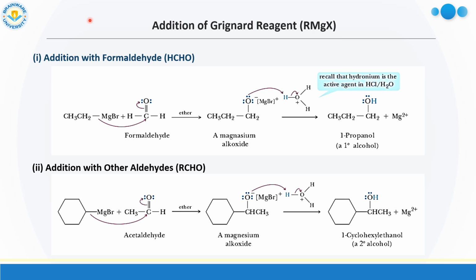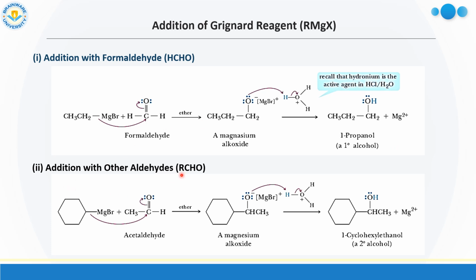The first one is addition with formaldehyde, HCHO. Here the negative part, R, which is CH3CH2, an ethyl group, interacts with the carbonyl carbon atom and finally forms an alcohol group. After workup, protons are abstracted and 1-propanol is formed, a primary alcohol.